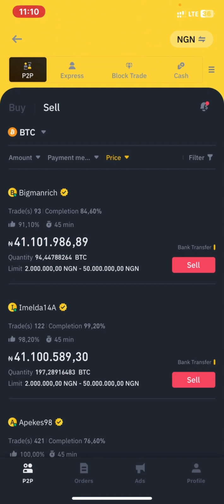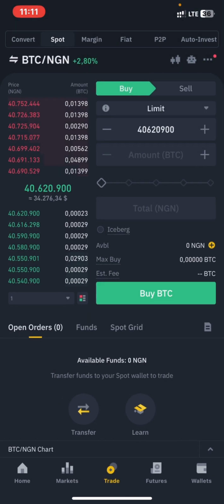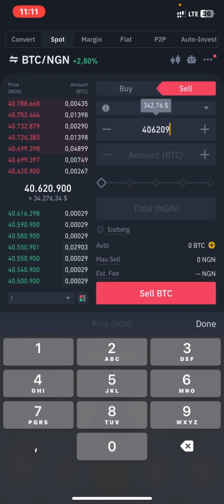So remember, you're able to buy on the marketplace. I'll go back again. On the marketplace at this price, 40,626,900. And right here, once you buy this, you'll be able to sell at this price.